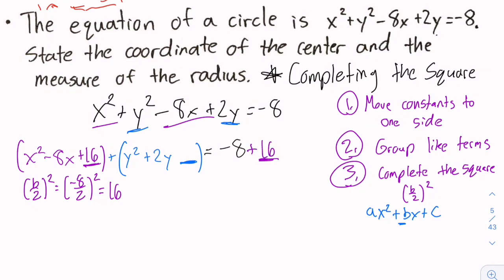Add 16, okay? And then right here for blue, my b is 2, so b over 2 squared is 2 over 2 squared, which is just 1. So plus 1. Again, whatever you do to one side, you need to do to the other side.